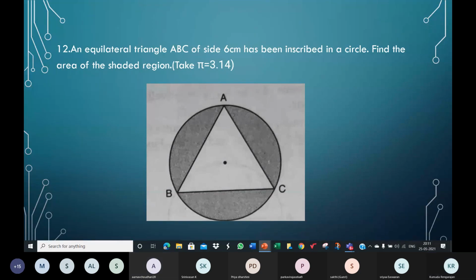Can you show the second method of the answer, ma'am? 11th one, the previous 11th question. Okay, what I showed you earlier? Yes, ma'am. The second method.